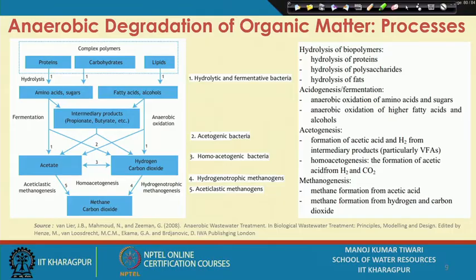So, we will take forward that discussion further in this class and see what happens in detail. If you see the anaerobic degradation of organic matter, as we were discussing in the previous class as well, there could be complex polymers in the form of protein, carbohydrate, lipids. The first step is hydrolysis, which is achieved by the hydrolytic and fermentative bacteria. The number here indicates this type of bacteria, this type of species.